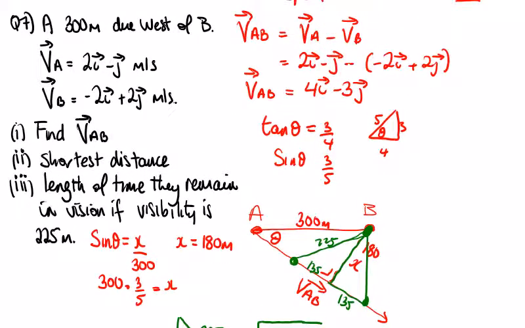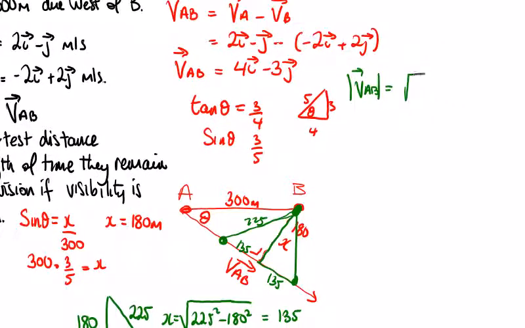And did we get the relative speed? We didn't. The magnitude of A relative to B, you can see it's going to be 4 squared plus 3 squared, which is 5 meters per second.